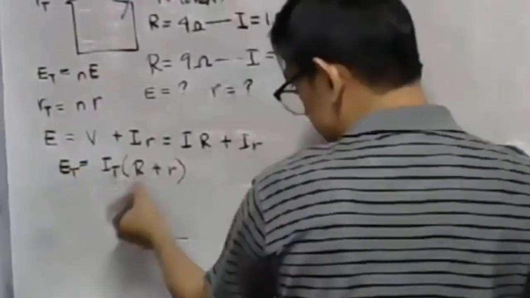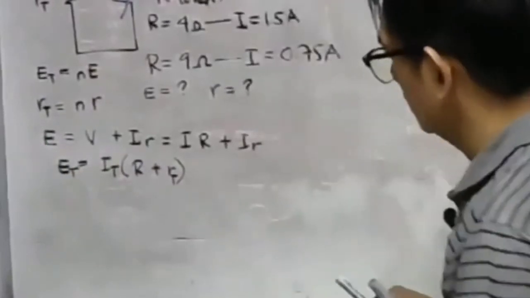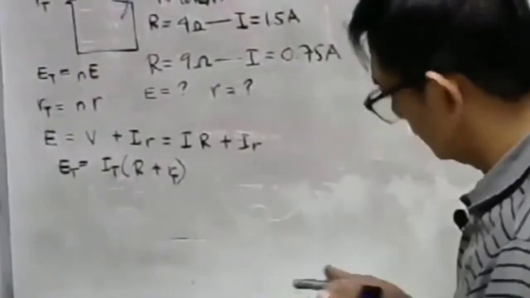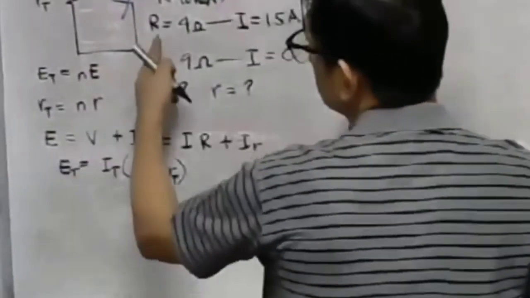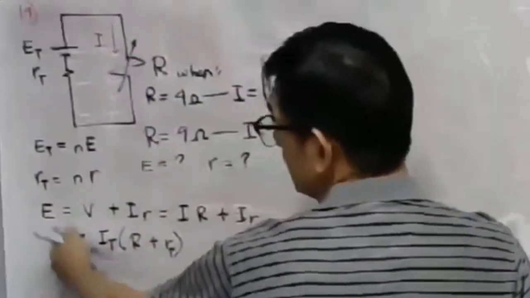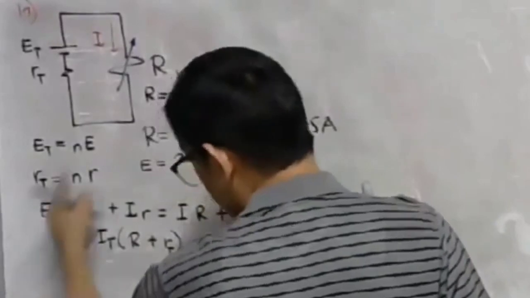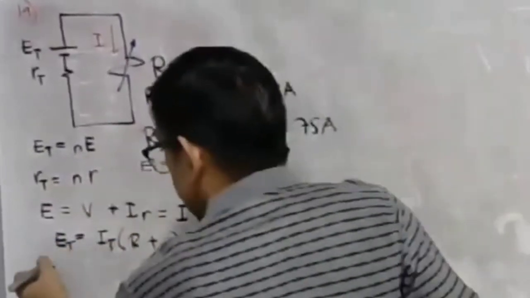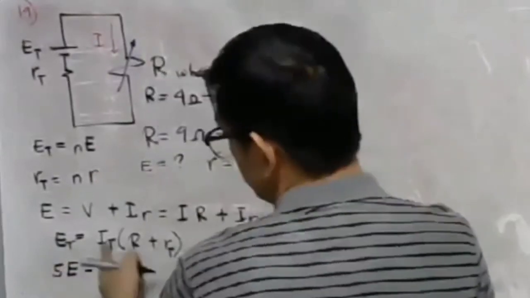The load resistance, then this is the total internal resistance. What is E total? The E total now is simply N times E. Okay, or simply what? Because there are 5 cells. Represent that as 5E.